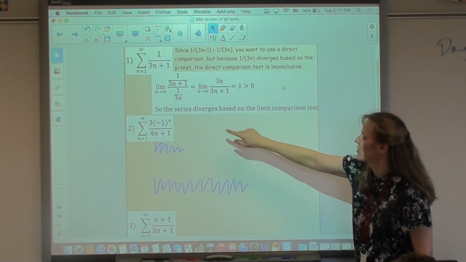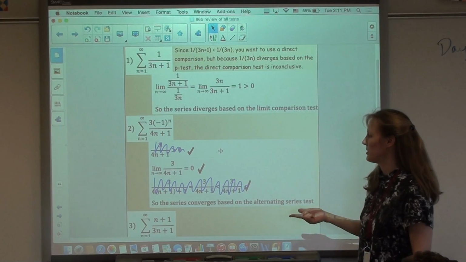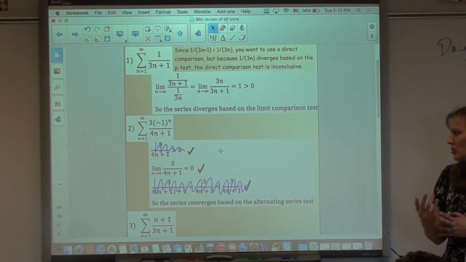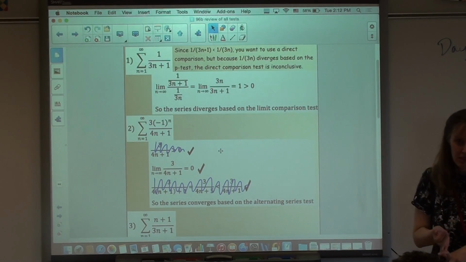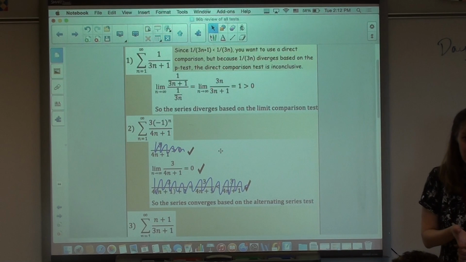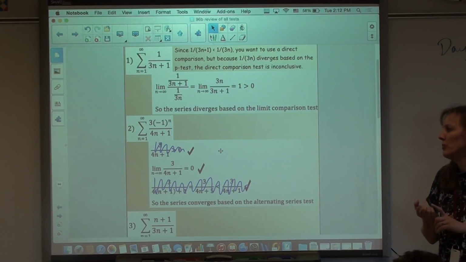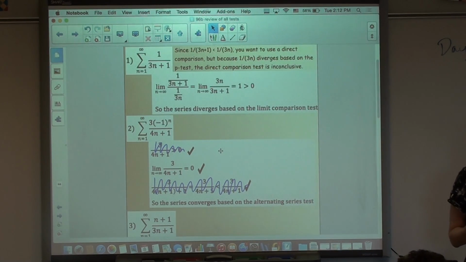All right, for the next one, alternating series test. When I first taught alternating series, I was a stickler to make sure that you knew that the series had to be positive and decreasing, and then the limit had to approach 0, right? After talking with Mr. Thomas, that whole proving it's positive and decreasing is really not necessary to emphasize.